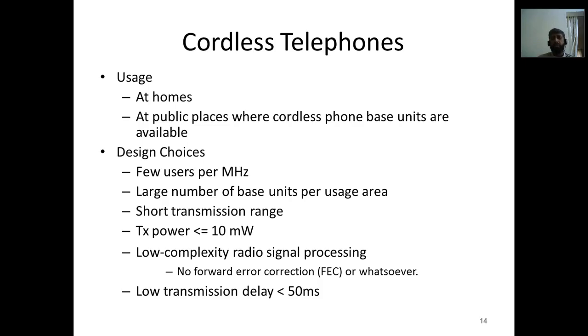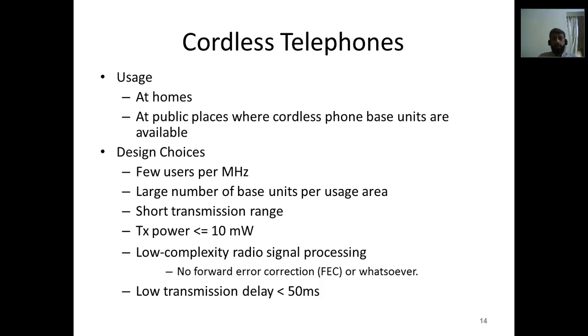If we talk about the design choices of the cordless phone, they can only support a few users in the region. Because we need dedicated base units for each device, we generally need a large number of base units per usage area. Transmission range is small because transmission power is also very small, so generally cordless phones are used over a range of tens of meters.